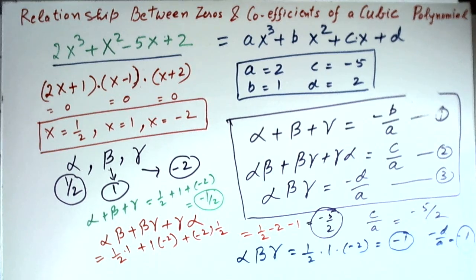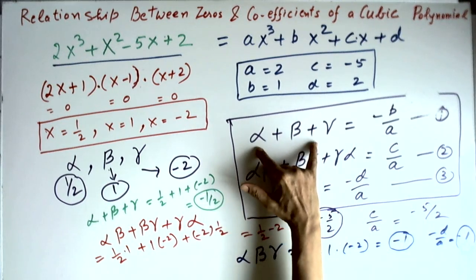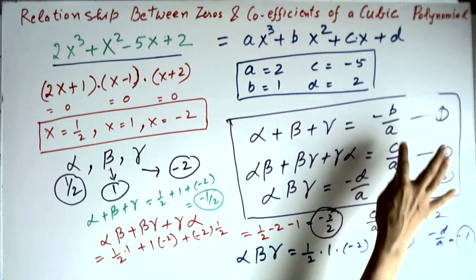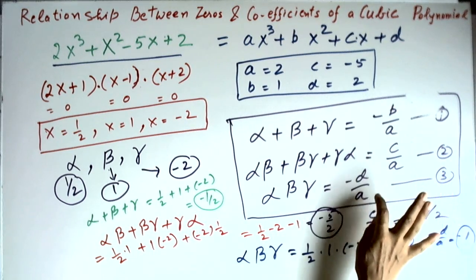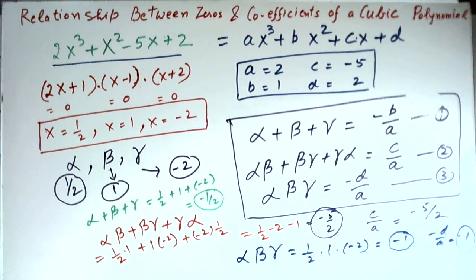In your exercise you will find questions where the zeros of the polynomial are given and you will be asked to find the polynomial. So you will set up these three equations, alpha plus beta plus gamma and so on. The value of the left hand side will be known, and then you have to determine the value of the right hand side. Once you determine the values of a, b, c and d, you can substitute and get the polynomial. Thank you.